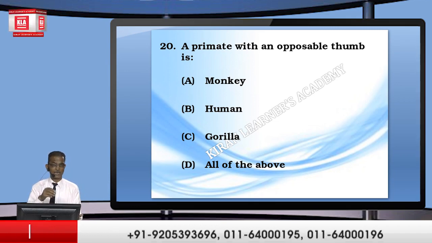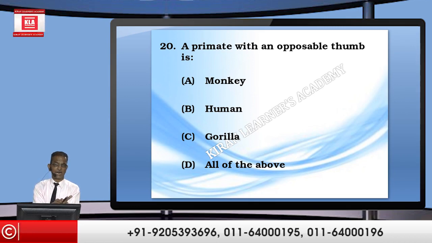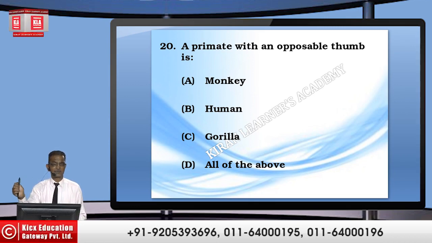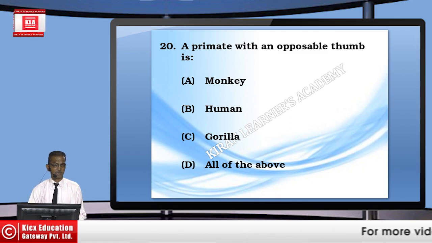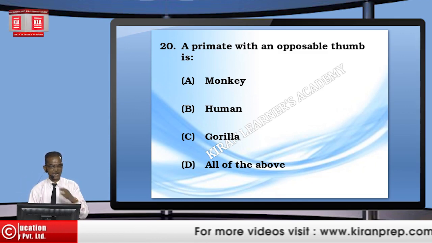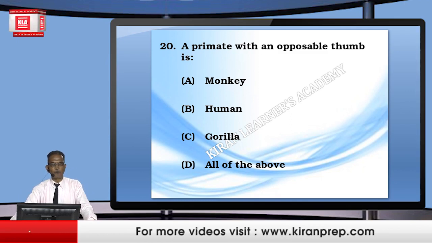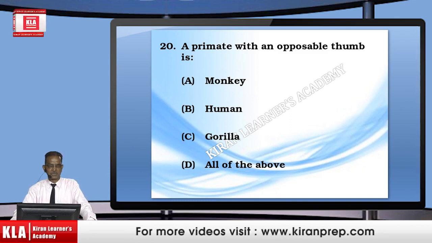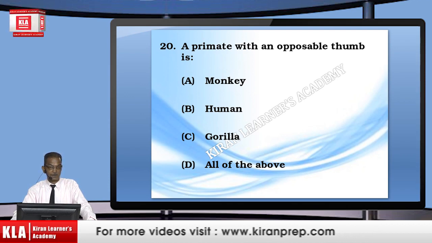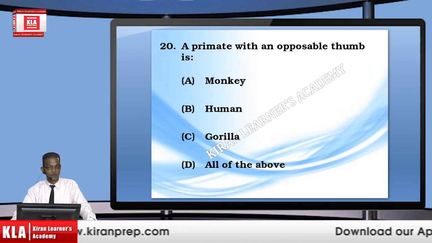Once he has managed to pick it with the lips, he will hold it using the hands like this. It's only humans who are capable of picking things even like needles. If you give a needle to a monkey, an ape or a gorilla, they can't pick it.